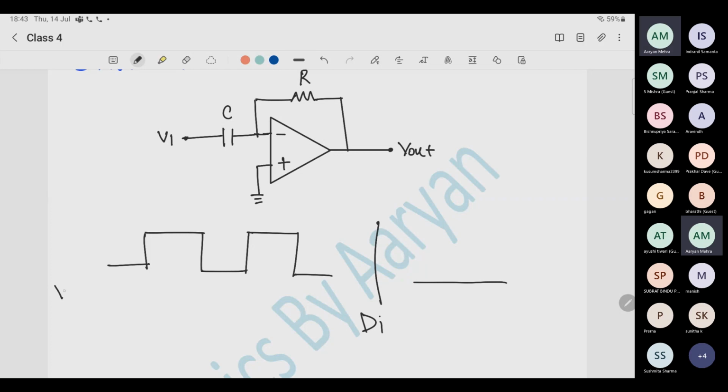This is my V input. You know square pulse signals. Sometimes in electronics you have square impulse functions, and I give this. So what will be your answer? If I differentiate it, what will I get?